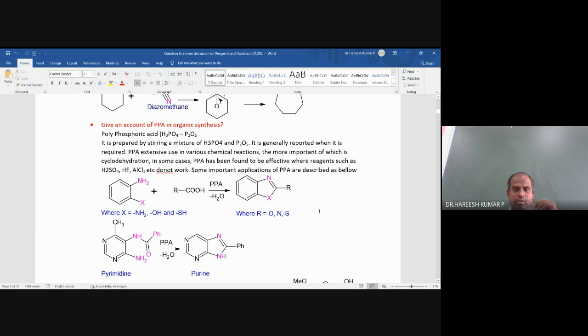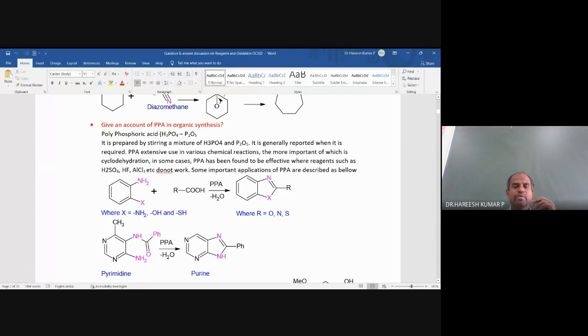So this is the one I am taking. X is equal to amino or hydroxy or mercapto. Suppose X is equal to amino, it's called ortho-phenylenediamine. If X is equal to OH, then we can say that it is aminophenol. If X is equal to SH, then we can say it is aminothiophenol.